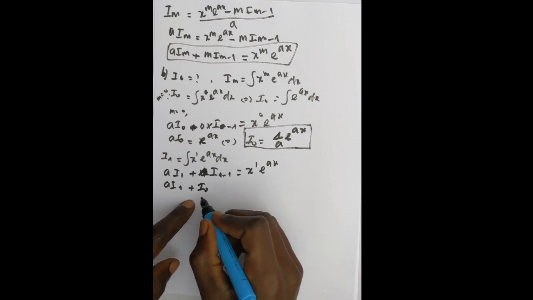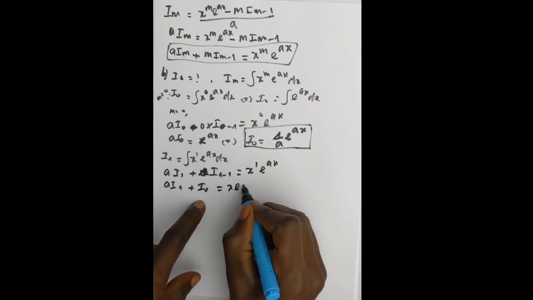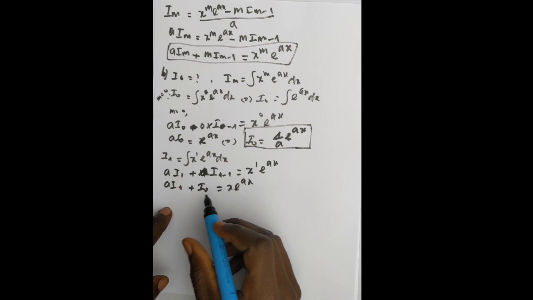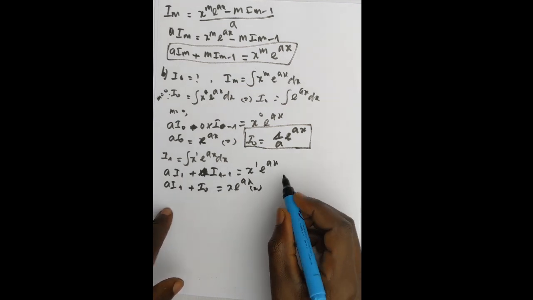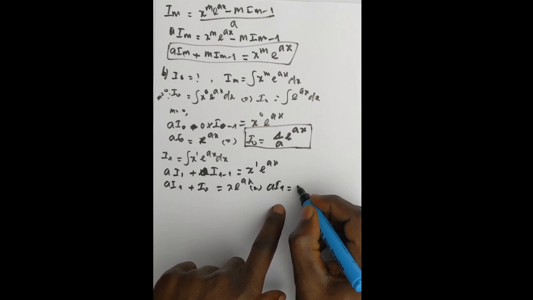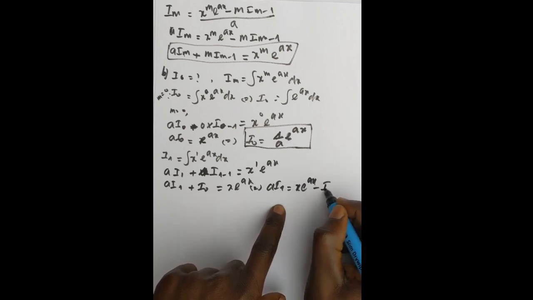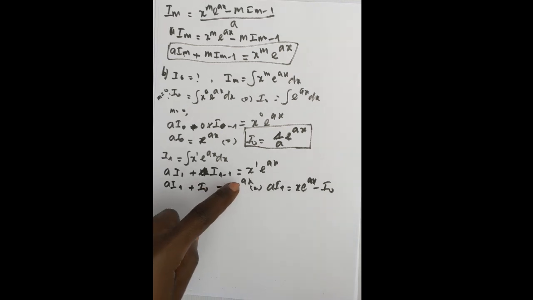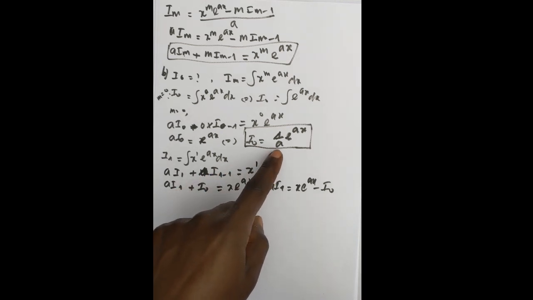This is E0 equal to x e power ax. So I will finally get E1 equal to x e power ax negative E0, and E0 is equal to this one.